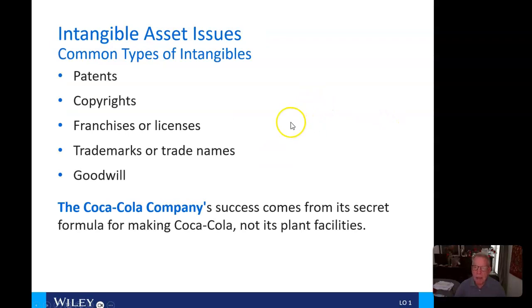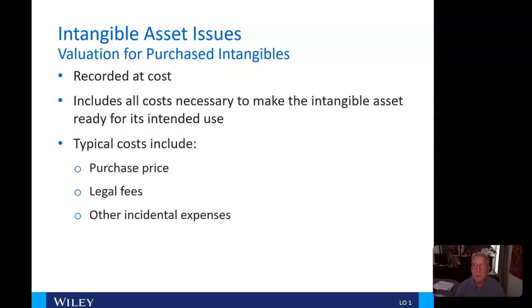Okay, common types of intangibles include patents, copyrights, franchises or licenses, trademarks or trade names, and finally goodwill. The Coca-Cola Company's success comes from its secret formula for making Coca-Cola, not its plant facilities.